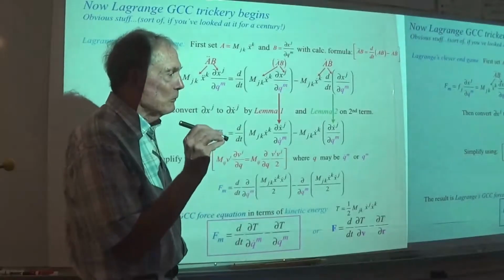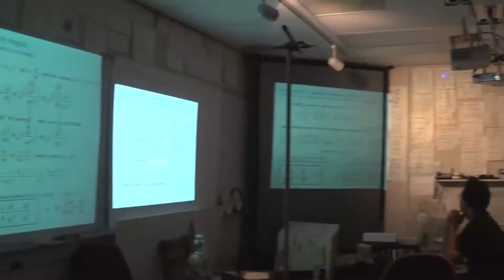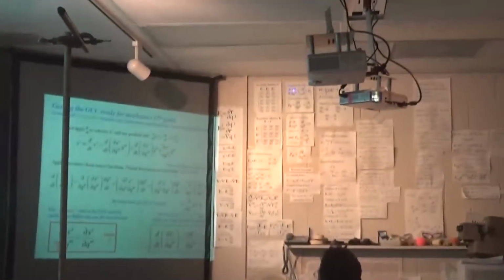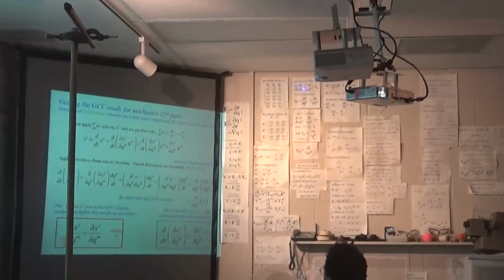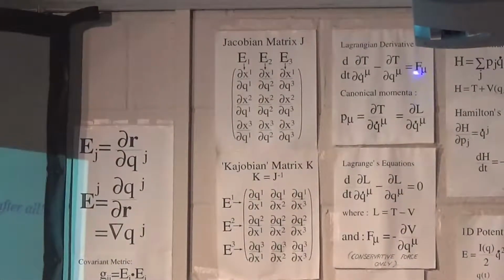Let's look at what's on the wall up here. In particular, let's look at this. This is what we just derived. I call this the Lagrangian derivative equation. It involves a force component for each of the dimensions in your system. And what it does, and I'm going to point this out very quickly here, is it defines a momentum for you at this point.